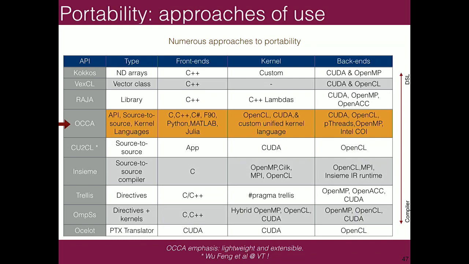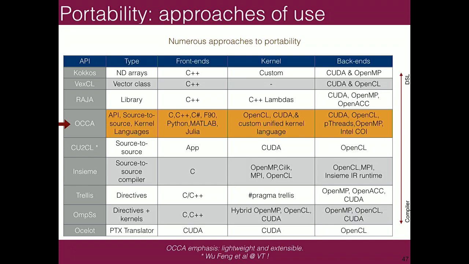So COCOS and VexCL are instances, but there you would use a high-level, more or less pre-canned operations or streaming operations like vector operations that can be specified through entry-wise operations on those objects.